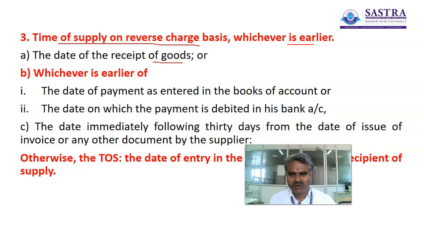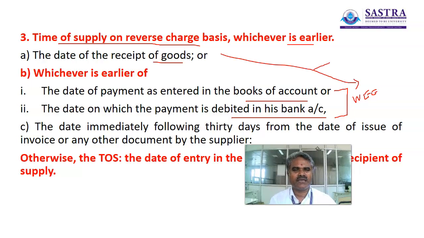B, the date of the payment as entered in the books of account, or the date on which the payment is debited to his bank account. So from these two, you take whichever is earlier, and compare it with this one, then finally you take whichever is earlier. This is for the reverse charge mechanism. Okay.